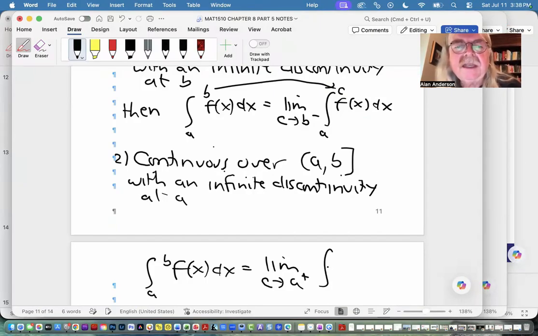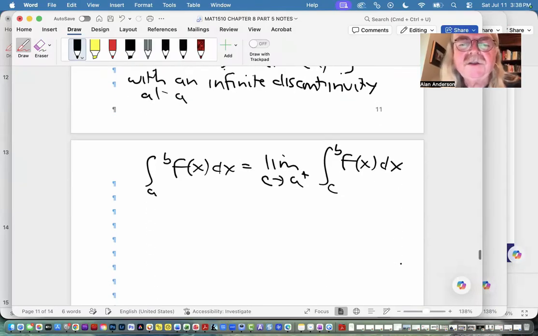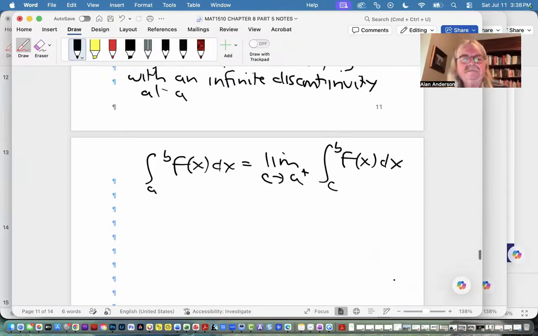And now this time the a is being replaced with c. And so this way we can still solve for it.